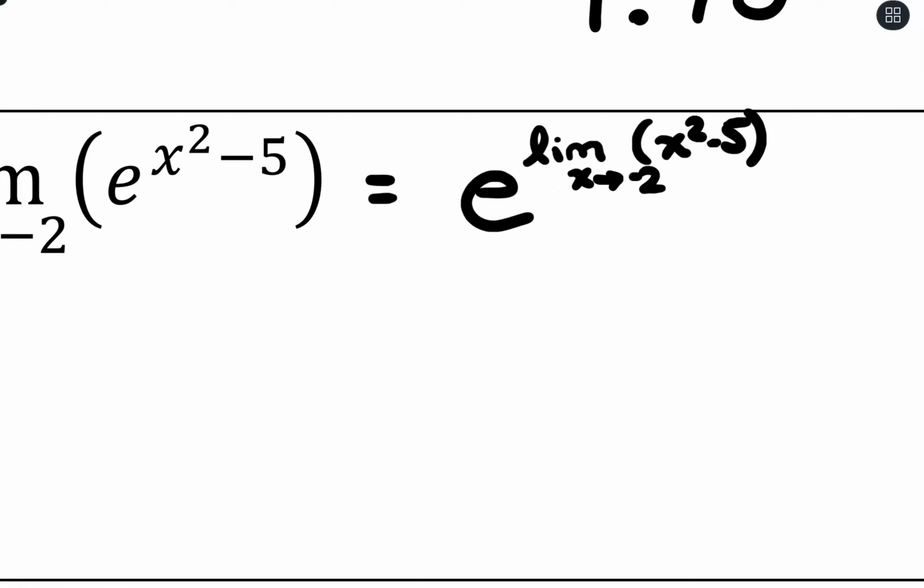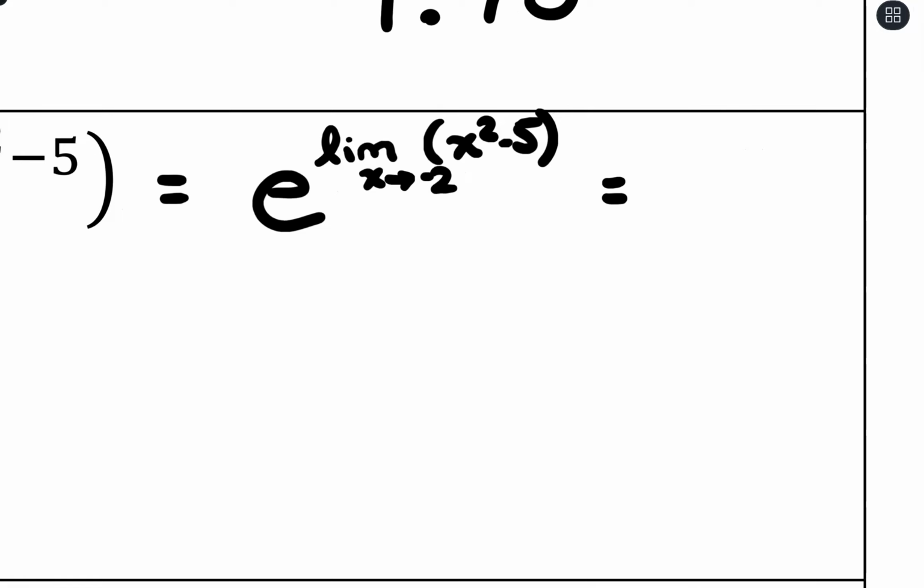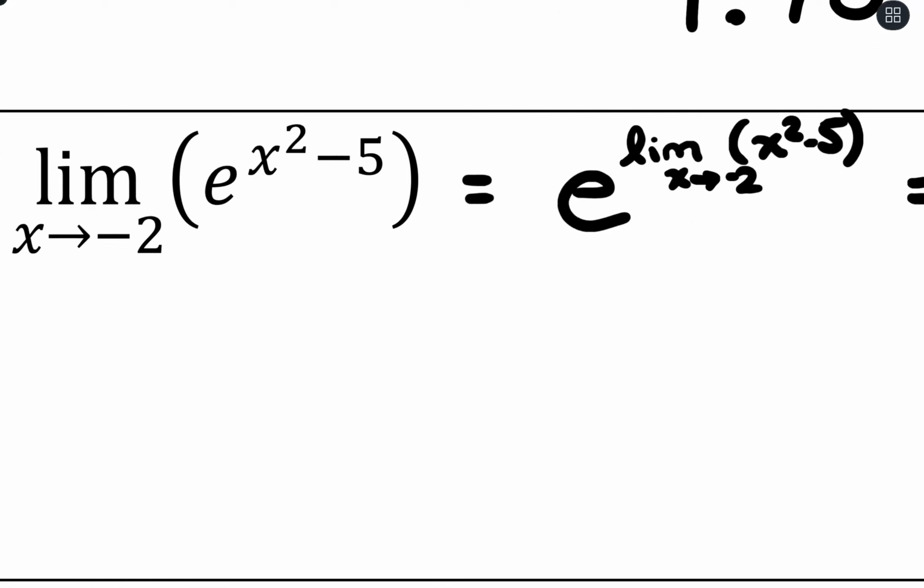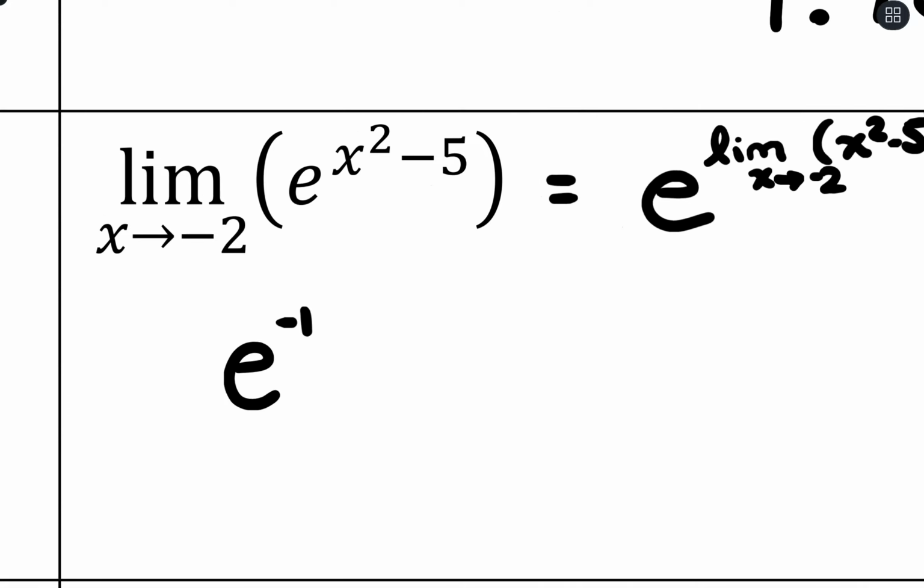With that function, what we would do with x squared minus 5 is plug in -2. So we'll have e to the -2 squared minus 5, which is e to the -1. So that's going to be equal to 1 over e, and we could leave it just like that.